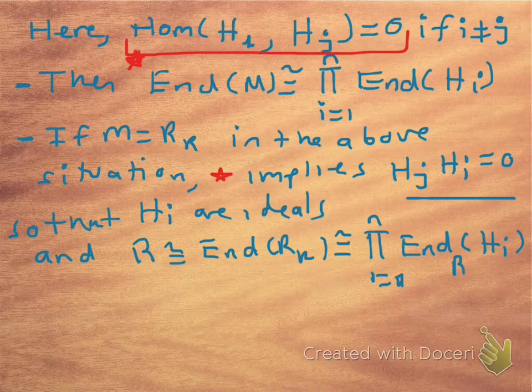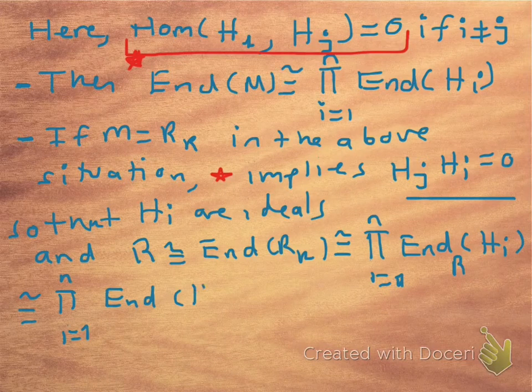The submodules, when considered as modules over R, or as modules over themselves as rings, are the same, and so are their endomorphisms. Then we no longer have to view the h_i as modules over R, but we will simply refer to them as rings, modules over themselves.